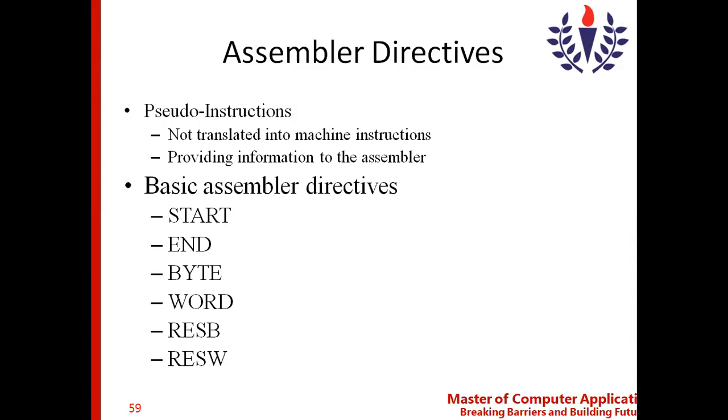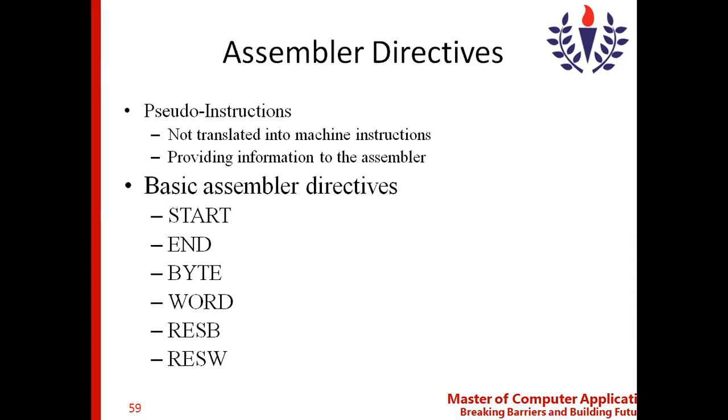When you use the assembler, we have certain assembly directives, for example START, END, BYTE, WORD, RESB (reserve byte), and RESW (reserve word). Apart from that, we have certain instructions which are called pseudo instructions. What do you mean by pseudo instructions?